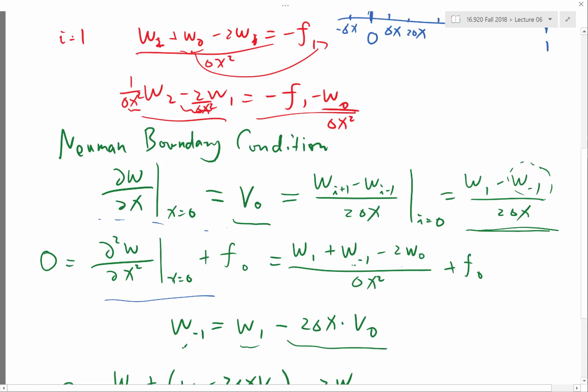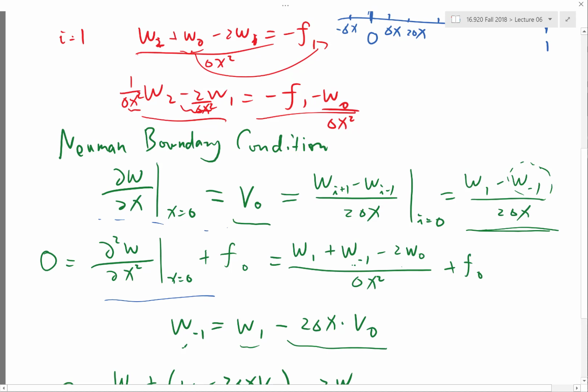And it turns out even though both equations involve this ghost point, the fact that you have more equations helps you cancel out the ghost point, so that the ghost point would no longer be unknown. So in solving the differential equation, you actually don't use the ghost point, it would appear only in the derivation of the numerical scheme. Does it make sense?